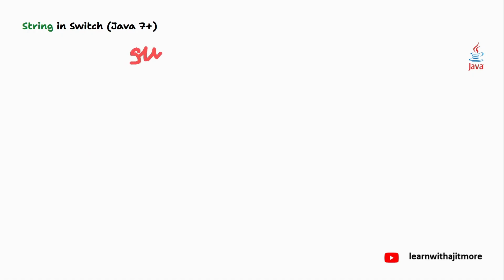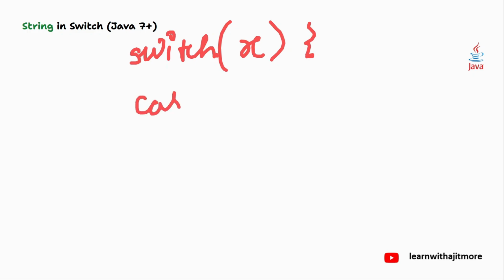Like to the switch, you'll be passing an expression. Expression means a variable which is of type string. And then in the cases, you'll be writing strings, right? Double quote, whatever it is. Not only a single character, it can be anything.